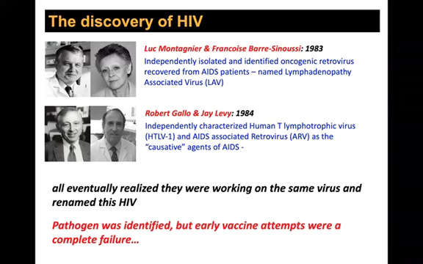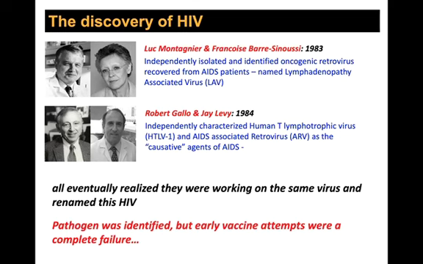At the same time, Robert Gallo and Jay Levy, Robert Gallo in particular being a very interesting character, independently characterized human T-lymphotropic virus, as well as an AIDS-associated retrovirus. So you had a French group and an American group both isolating this, and perhaps prematurely, Gallo and Levy identified this as the causative agent of AIDS.